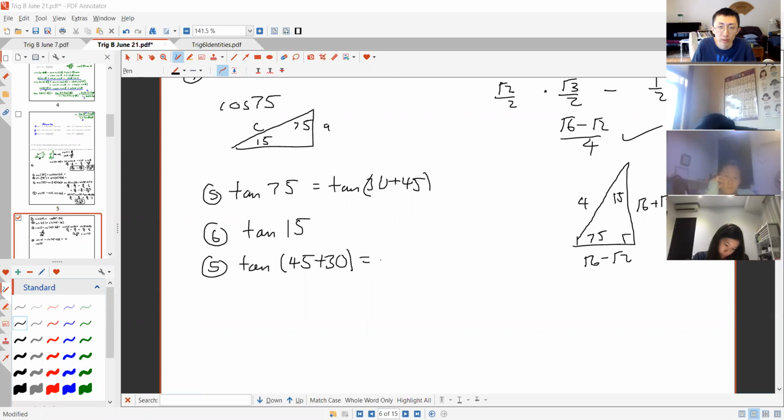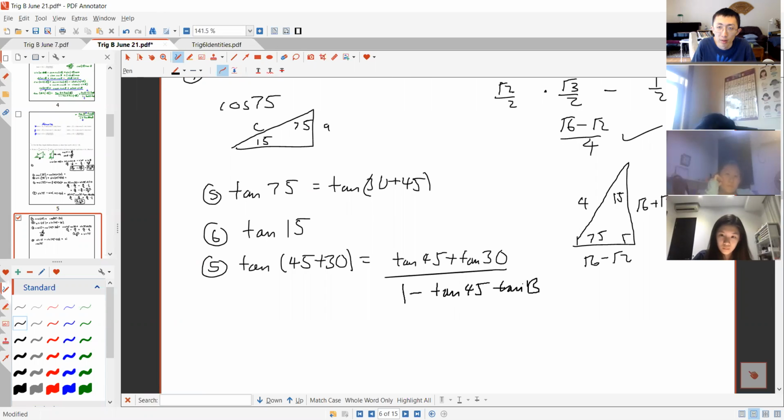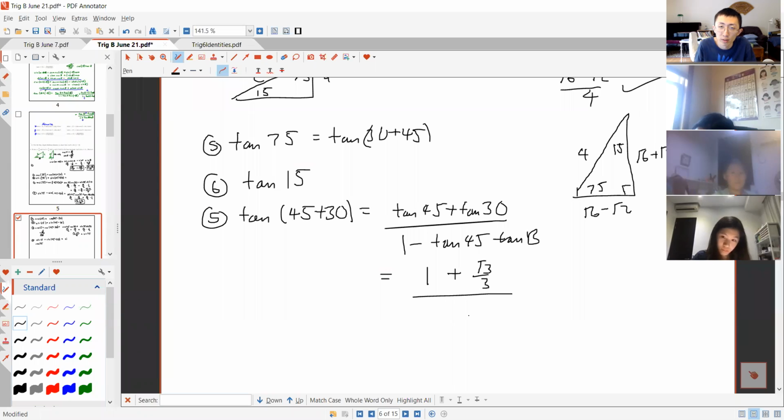Okay, let's see. So this is tan A over 1 minus tan A tan B. Okay, so this was tan 45 is 1. Tangent of 30 is root 3 over 3. And this is 1 minus the product.